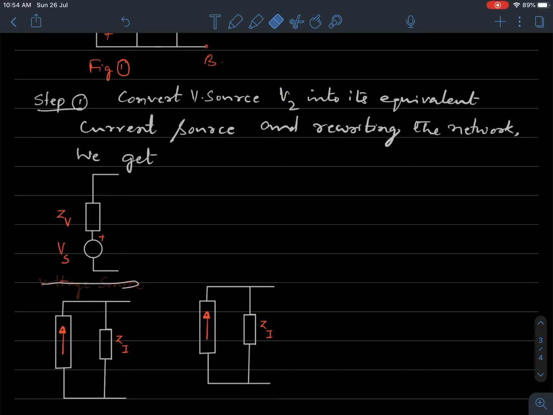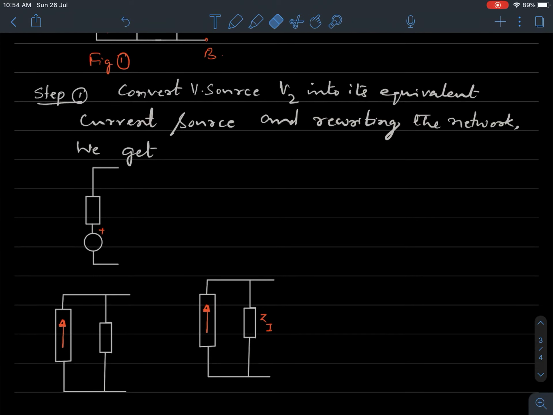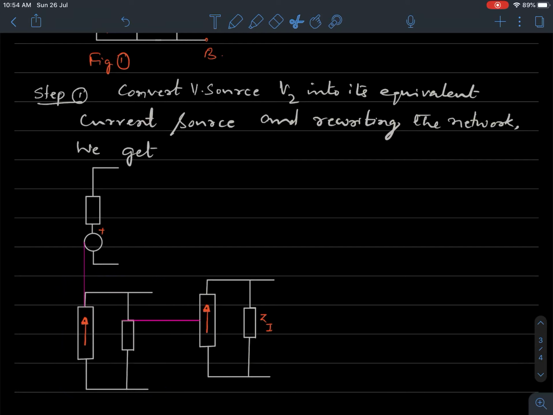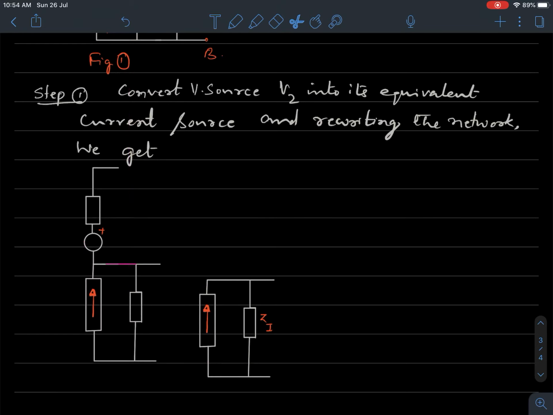What I further do is I'll try to erase these things, remove these things, remove this also, and put the figures back. So this diagram, this source comes a little here.